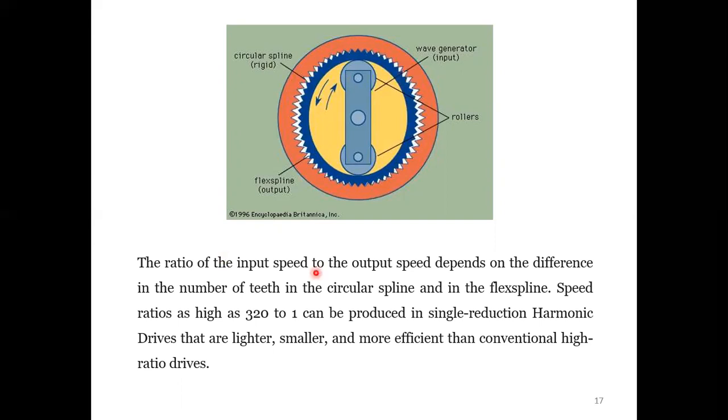The ratio of the input speed to the output speed depends on the difference in the number of teeth in the circular spline and the flex spline. Speed ratios as high as 320 to 1 can be produced in a single reduction. Harmonic drives are lighter, smaller, and more efficient than conventional high ratio drives.